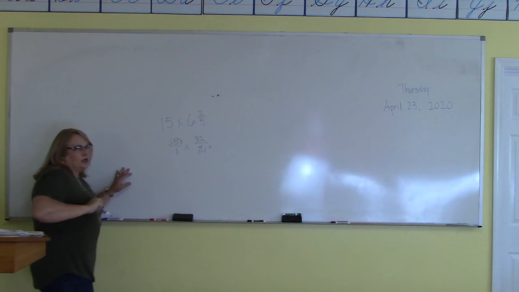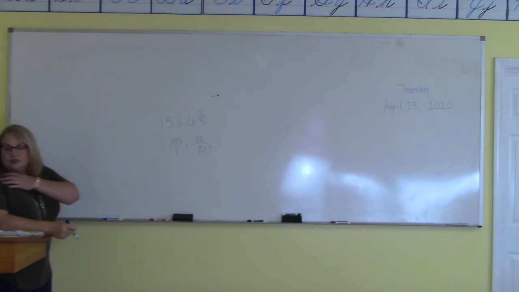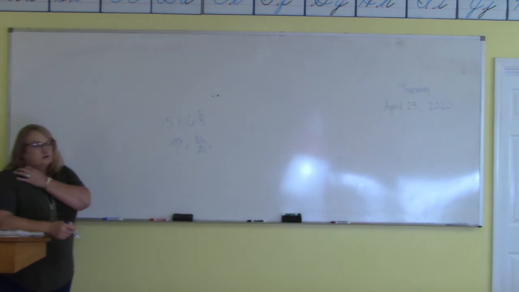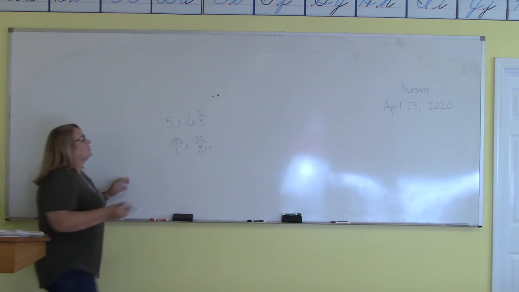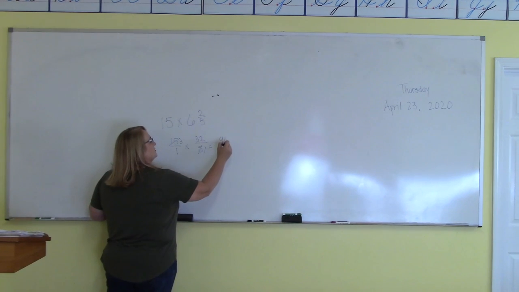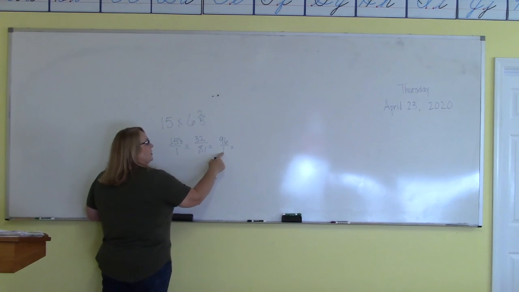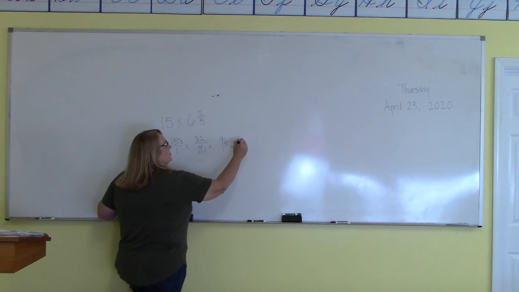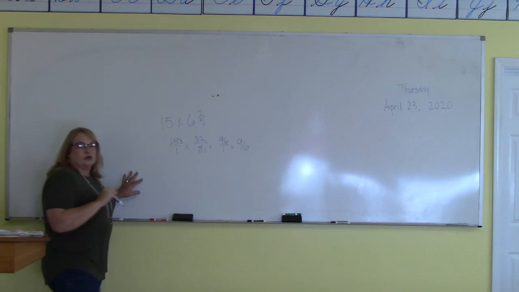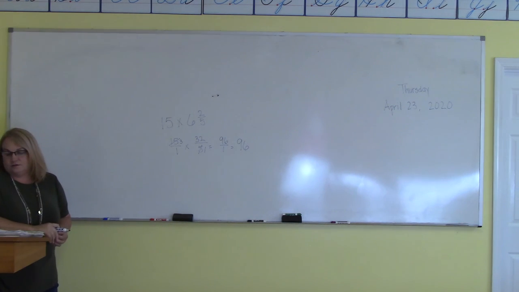Now we can multiply. What is 32 times 3? We have 96 over 1, but we know when we have a denominator of 1, that equals a whole number, so 96.